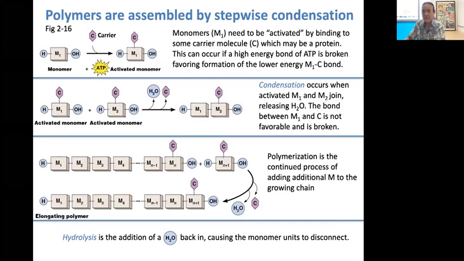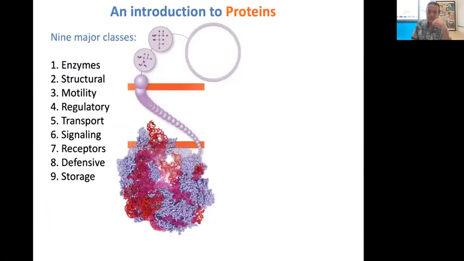So the opposite of condensation that makes the polymer come together would be hydrolysis, the use of water to break something, right? Hydrolysis. And that's what causes the monomer units to disconnect. So you can already imagine then that this process is constantly being used by our cells to make complex macromolecules and to break them down and recycle them.